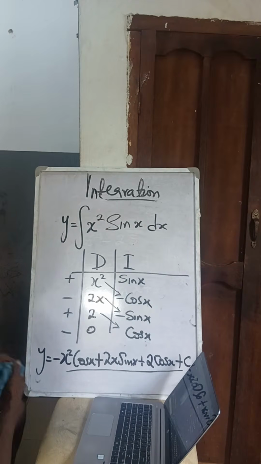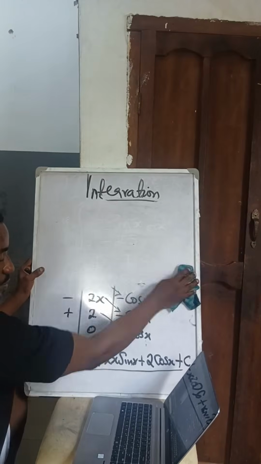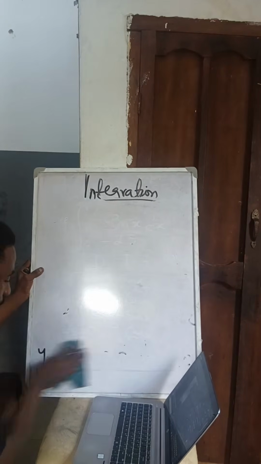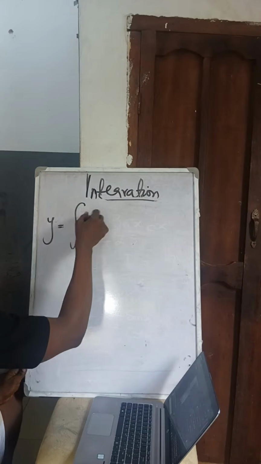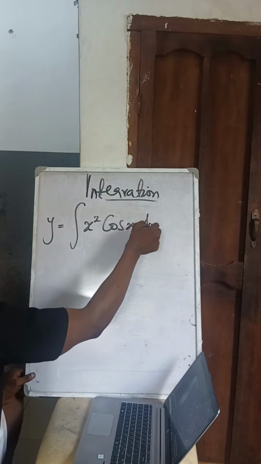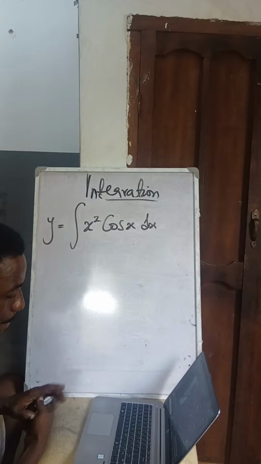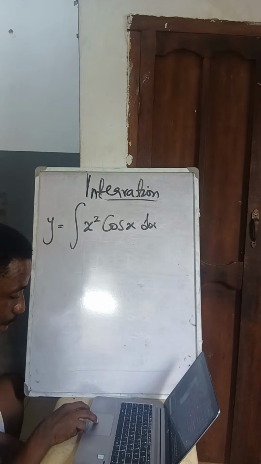All right, let's see how we can solve a similar question in case you're asked. To solve y is equal to the integral of x squared cos x, integration by parts. How do we address it?